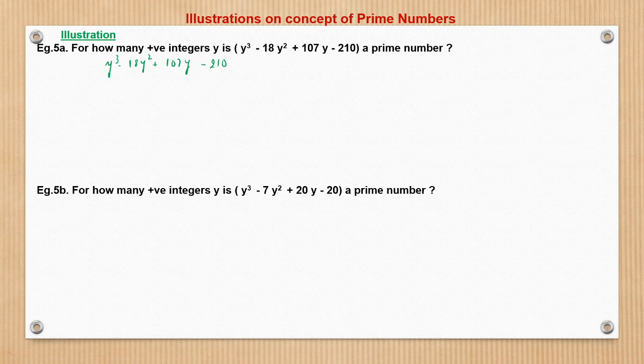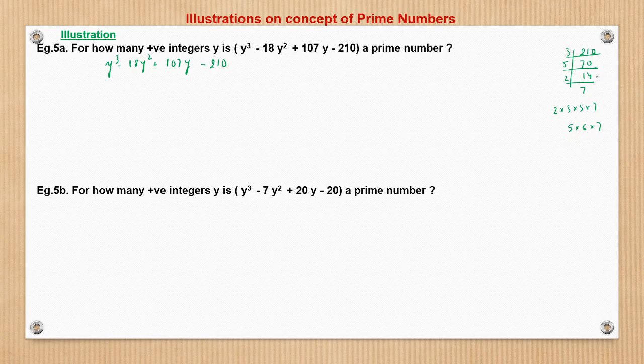In greater detail we'll see when we discuss the concepts on algebra. But since we know that 210, we can factorize this 210. So this is nothing but 2 into 3 into 5 into 7. So this we can write as 5 into 6 into 7, right?